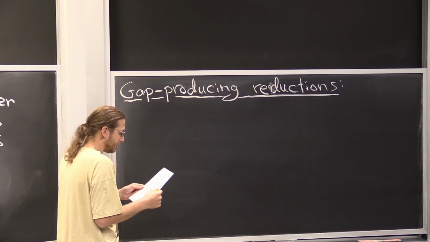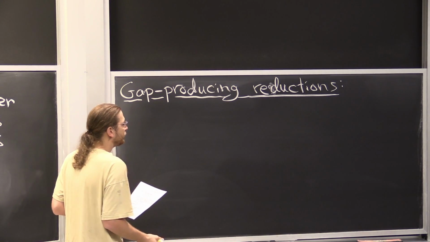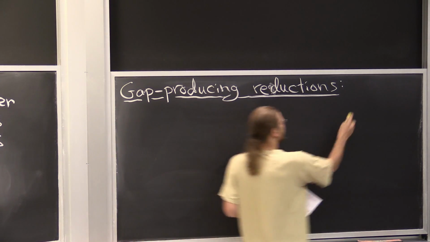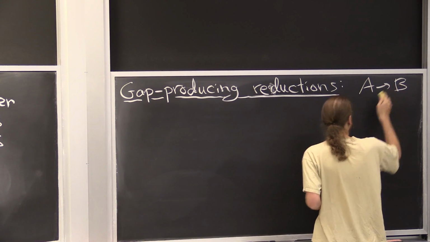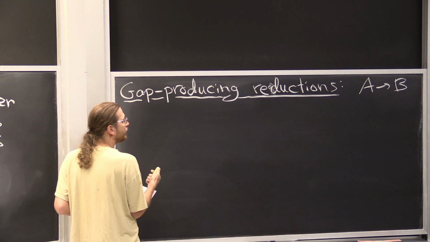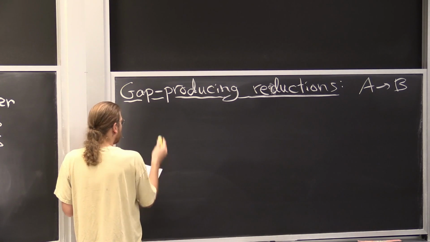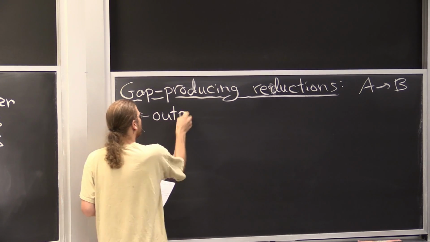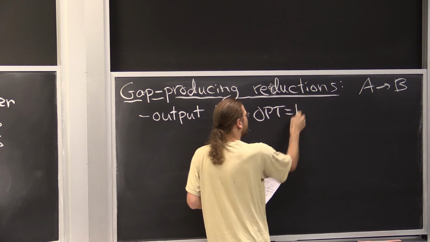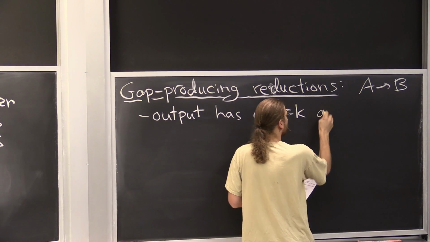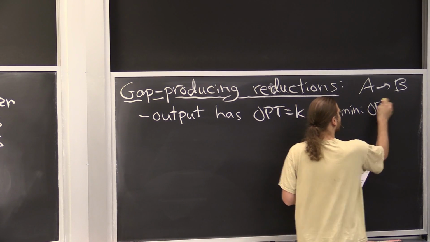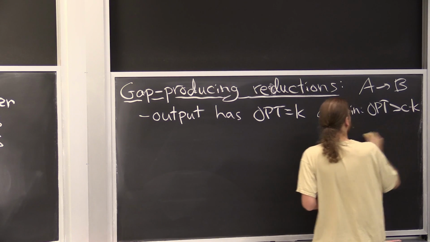So the idea with a gap-producing reduction is that you have no assumption about your starting problem. In general reduction, we're going from some problem A to some problem B. And what we would like is that the output instance to problem B, the output of the reduction, has, let's say, opt equal to k, or for a minimization problem, opt bigger than c times k.